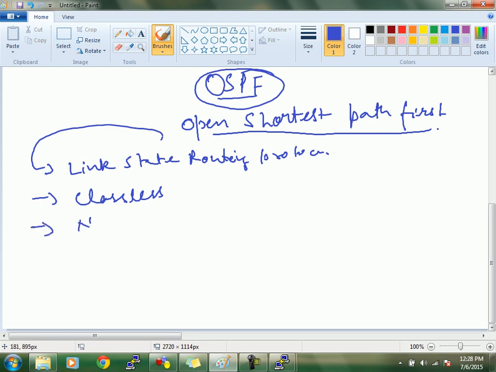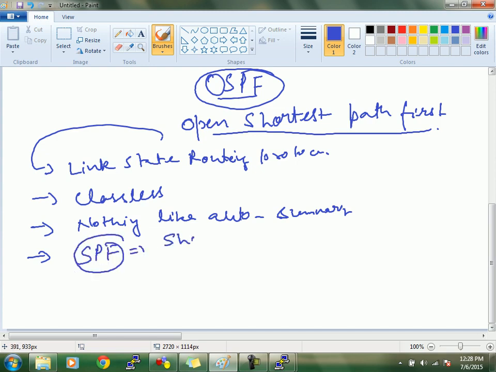There is nothing like auto summarization. Fine. Next point about OSPF. It works on an algorithm called SPF, shortest path first. To calculate the shortest path, it uses a metric. The metric is called cost. This thing is fine.